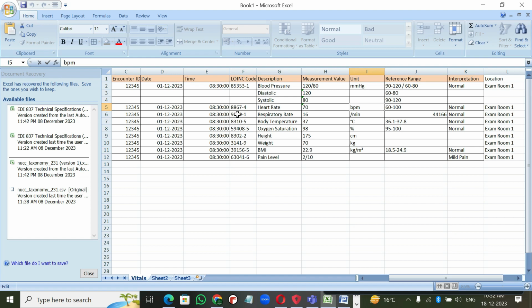Now remember, guys, just imagine when a doctor is recording all this, obviously the doctor won't remember all the line codes, right? Because it's impossible to remember so many codes. There are like millions of them, including diagnosis and procedures. So obviously it's not possible to remember all this, right?